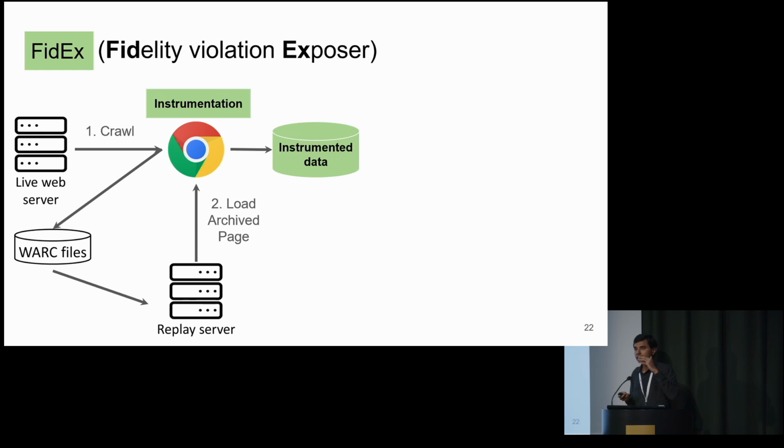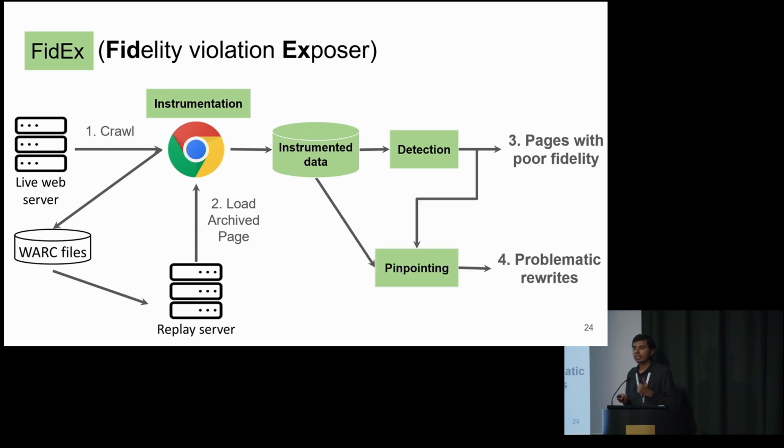This additional instrumentation leads to some logs, which we later analyze offline to detect if there has been a problem in fidelity. We can also use these logs to pinpoint exactly what the problematic rewrite of JavaScript was, so that developers have actionable feedback.